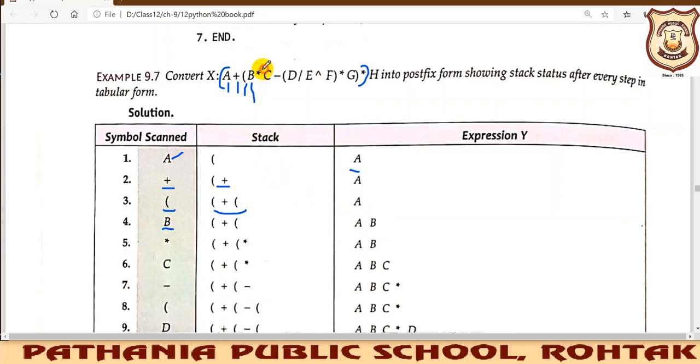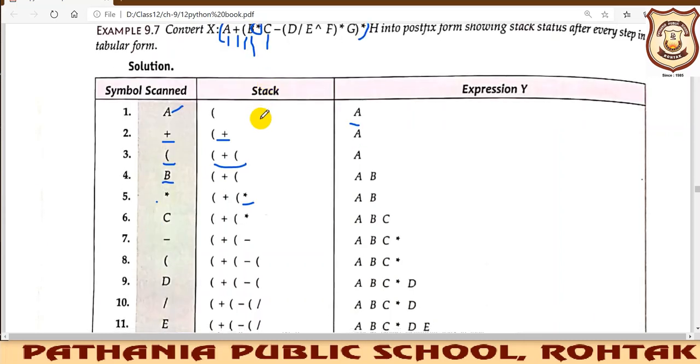Next is this multiplication operator, so we will write it here and it will be shifted to the stack. Next symbol is an operand, so you will write it here and it will be shifted to your expression y.